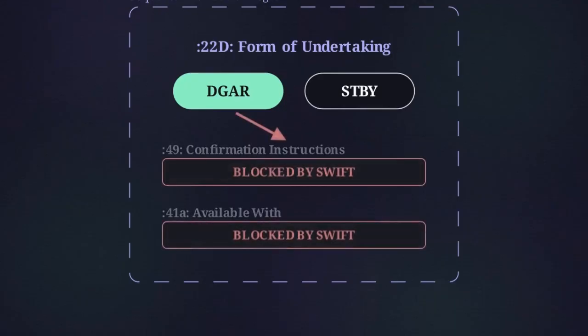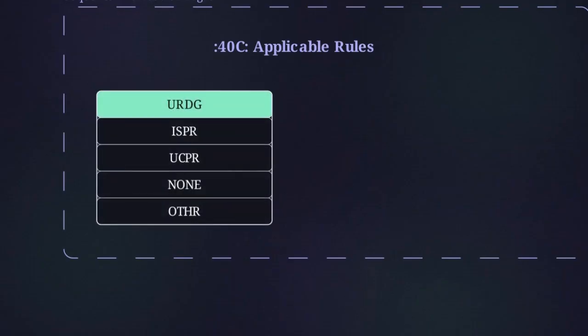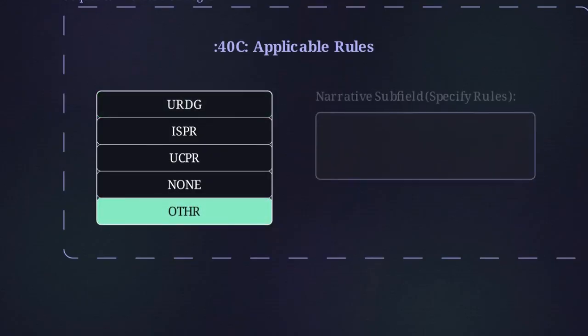If you select DGAR, SWIFT validation blocks Field 49 and Field 41A. Since demand guarantees do not conventionally use confirmation or nominated bank availability, the format prevents their inclusion. Field 40C defines the applicable rules governing the instrument. Selecting URDG defaults to the latest version, URDG 758.